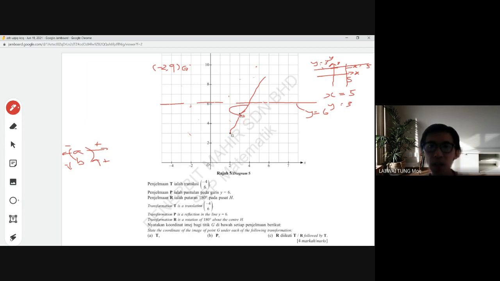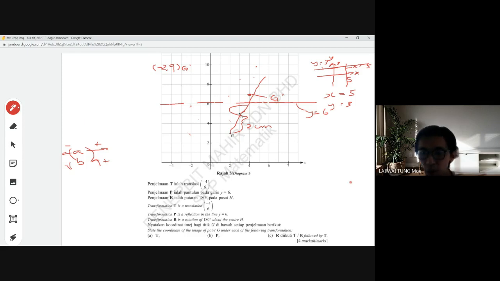Let's say the distance is 2 cm. Then you measure from H along this line, and stop at 2 cm also. Imagine, because my line is not straight, that it stops here, 2 cm. So that is the image for the rotation.